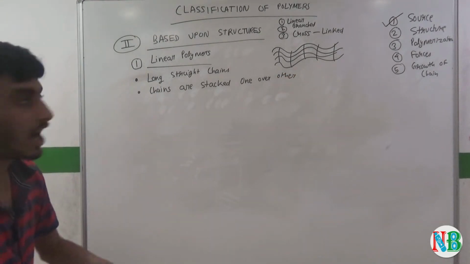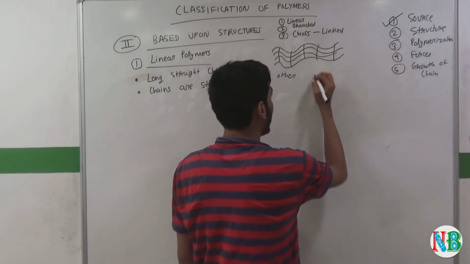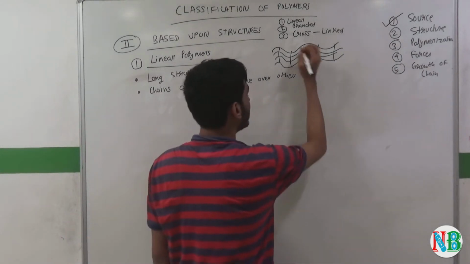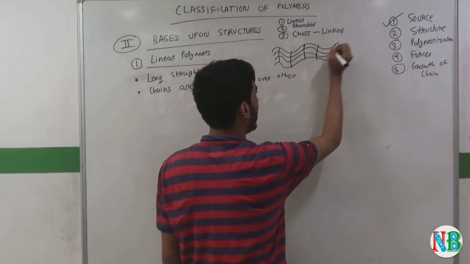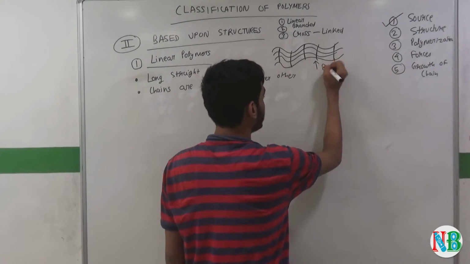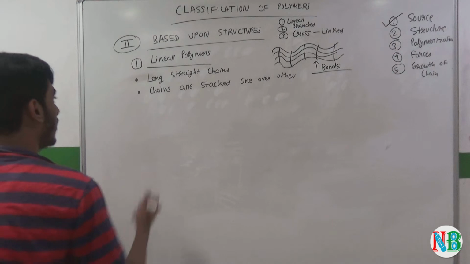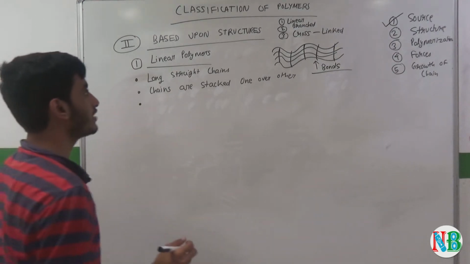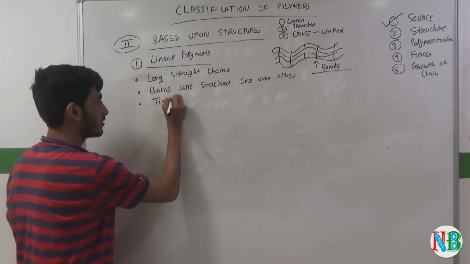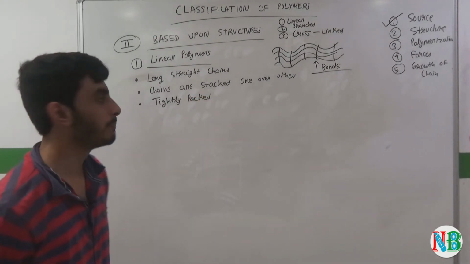Now we see that these chains are linked to each other, very near to each other. All these chains are very near and they have very strong bonds. So in the case of linear polymers, they are very tightly packed and you have very little space in them.